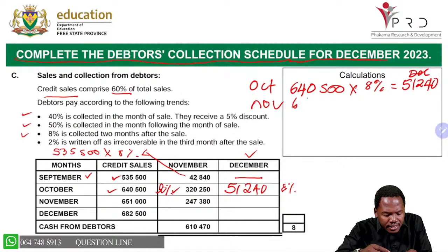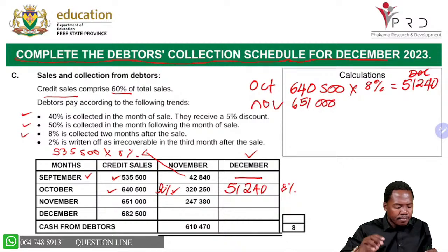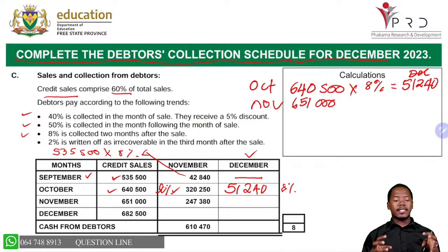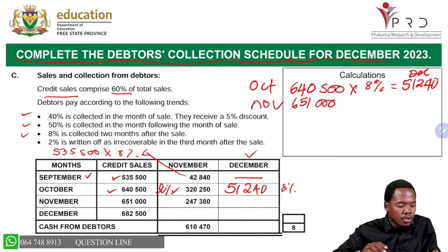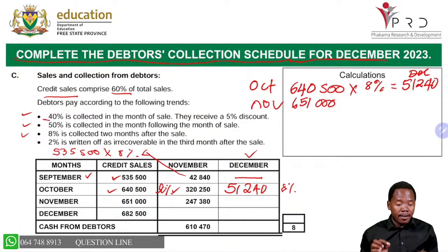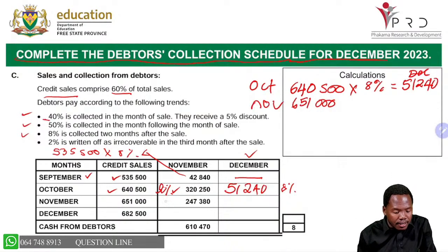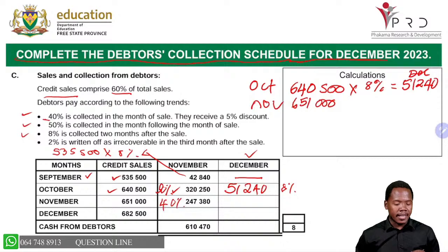November, I have my 651,000. For November, I start by collecting 40%. Remember, everything starts at 40%. So I collect 40% in November. November already is calculated for me. This is 40% already calculated. After that, I must collect 50%. When do I collect my 50%? In December.